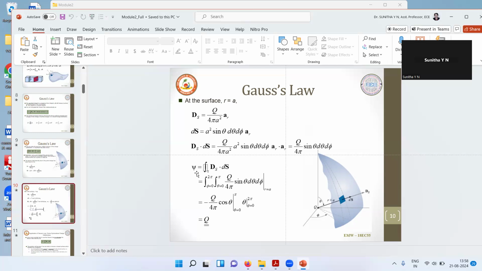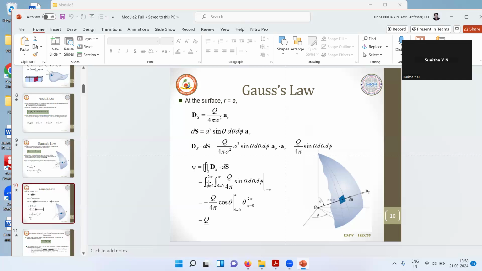So psi, according to Gauss law, the flux lines coming out, is the closed surface integral of what we have just calculated, the amount of flux lines coming out of this ds. Now I have to extend this to the entire sphere, so I have to do a closed surface integration. If you integrate over the closed surface, you will get the total flux lines coming out.